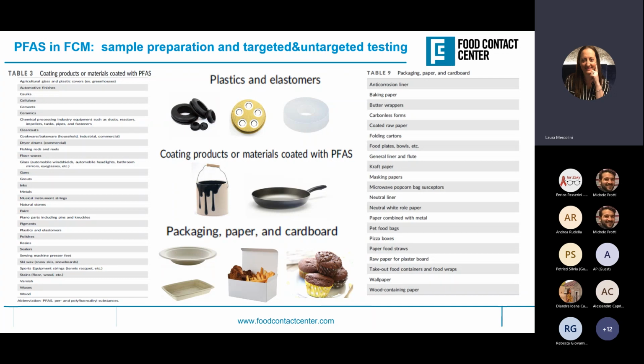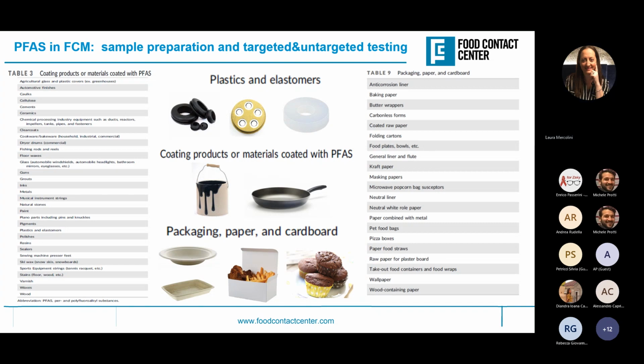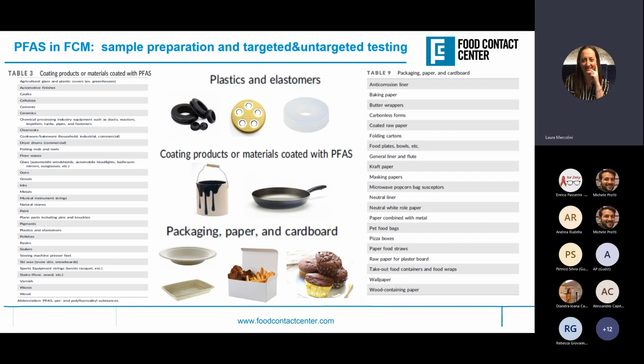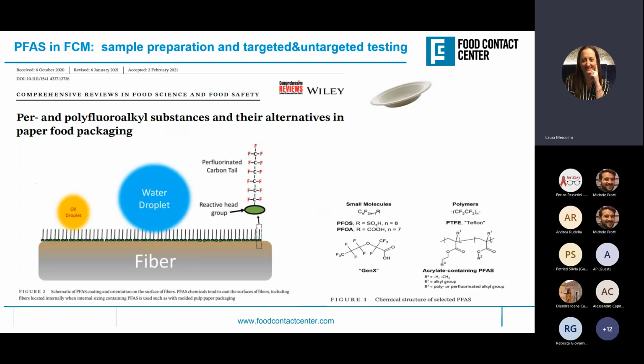And all the time we have to deal with coated materials, so also the mixtures that can be used to coat board materials. So typically three kinds of different items.